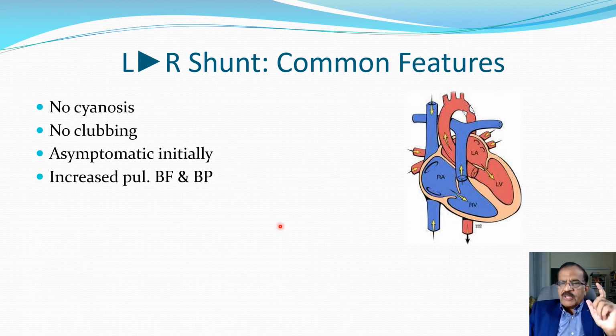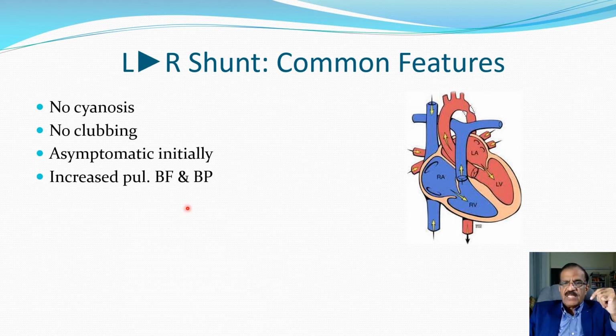Then in all three conditions, atrial septal defect, ventricular septal defect, or patent ductus arteriosus, pulmonary circulation is increased, because at some level left-sided blood is shunted to the right, and the blood passing through the lungs is more than on the left side.